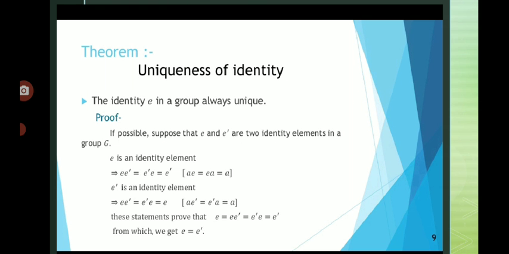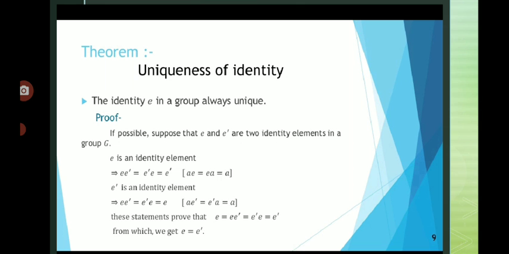And then we discuss some theorems on groups. The first one is the uniqueness of identity. In a group, the identity element is always unique. Proof. For proving this statement, we have to prove that the identity element is unique.